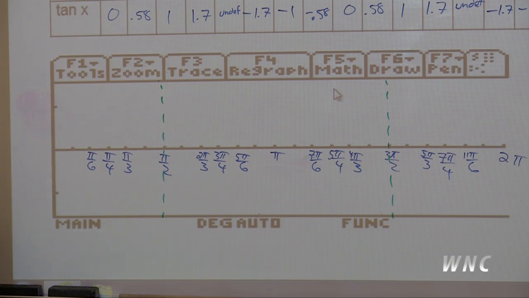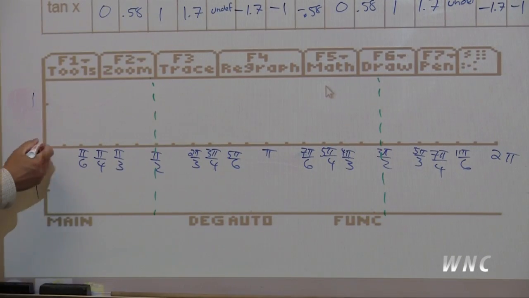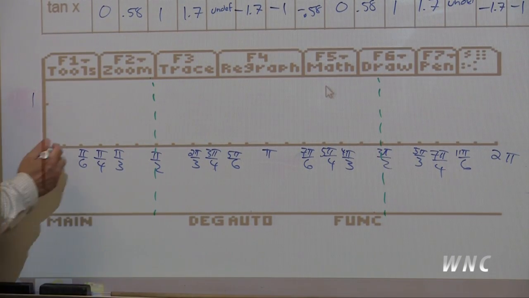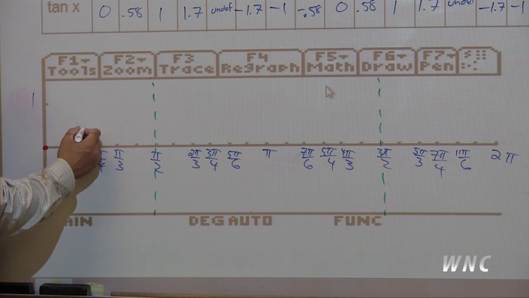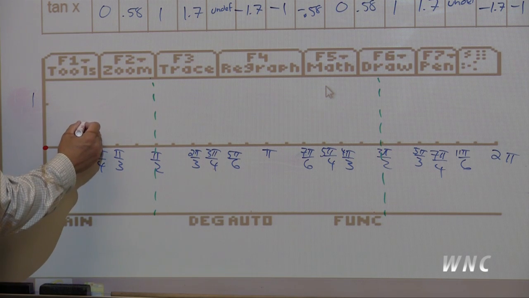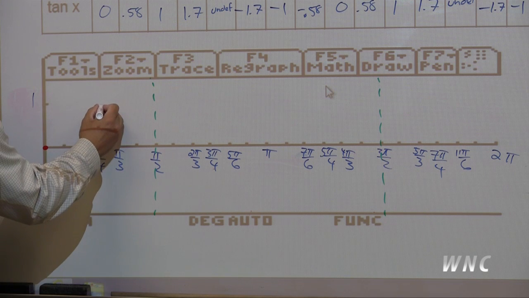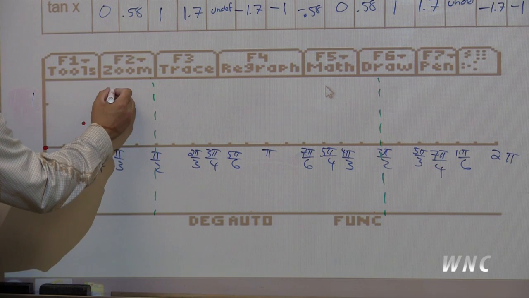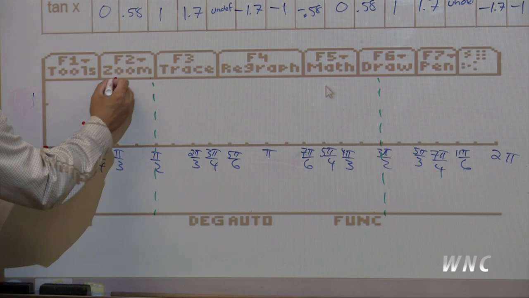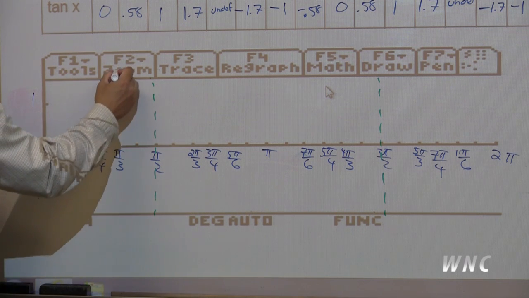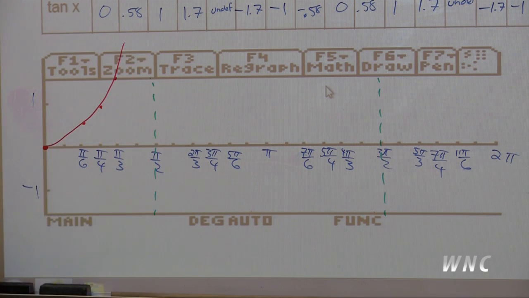I'm just going to scale this from negative 1 to 1, these marks. And we change colors to red now. Okay, we start off here at 0. And then we're going to 0.58. Then we're at 1. And then we're at 1.7. So we have this curve going up, approaching the vertical asymptote.